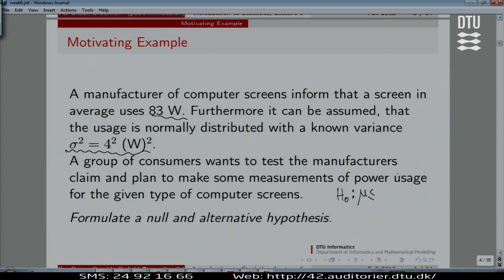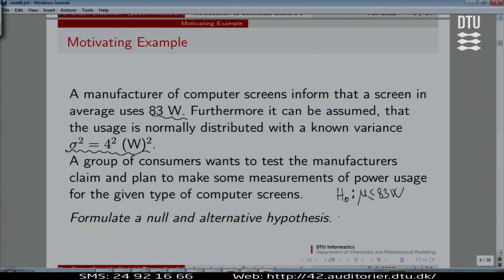If mu is the underlying true watt use of those screens, the company claims that this is no larger than 83 watts, right? And we use the capital H subscript 0.